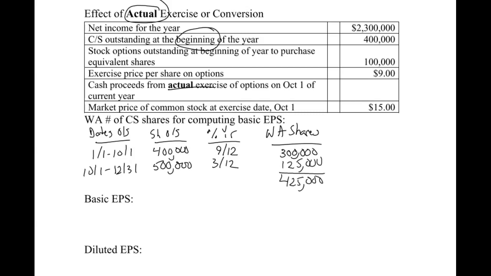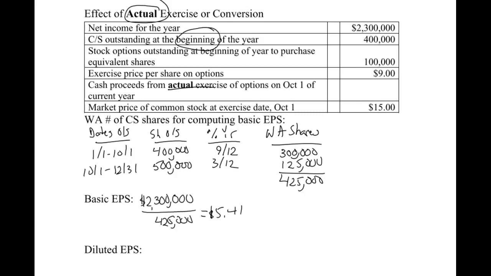Now we're ready to calculate our basic earnings per share, which, remember, is net income minus preferred stock dividend, which there's not one in this example. So we have 2.3 million of net income divided by 425,000 shares, which equals $5.41.